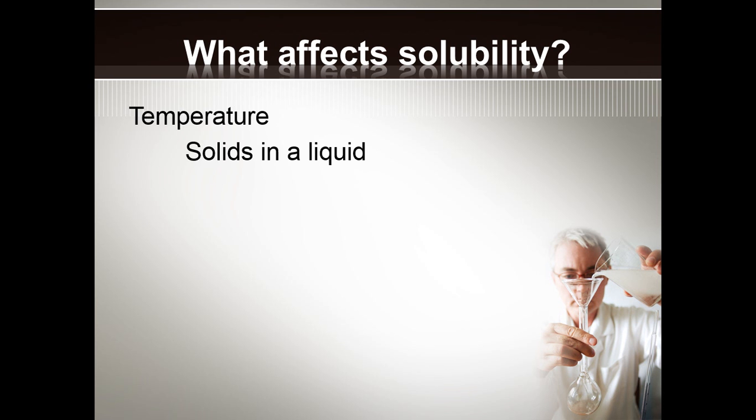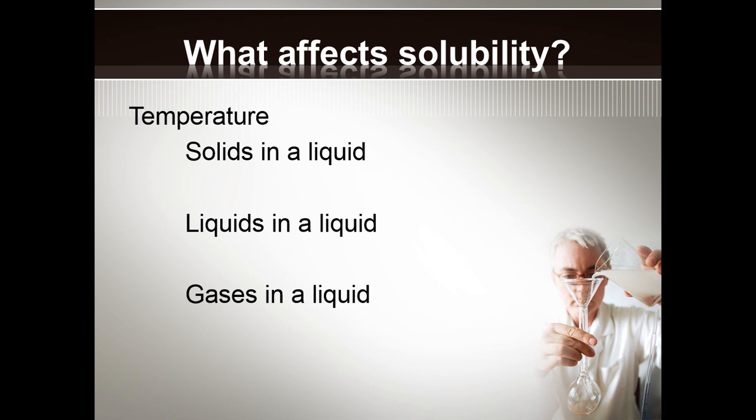So there's a direct relationship between temperature and solubility for solids in a liquid. Liquids in a liquid are pretty much the same principle. As you increase your temperature, you increase your solubility. You decrease your temperature, you decrease your solubility. Now gases are another thing.